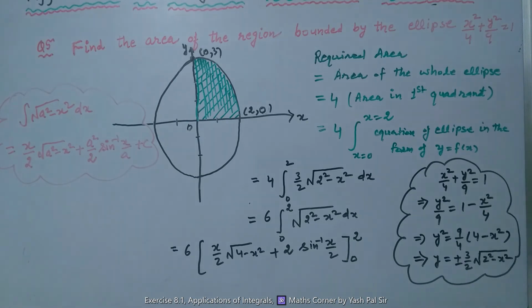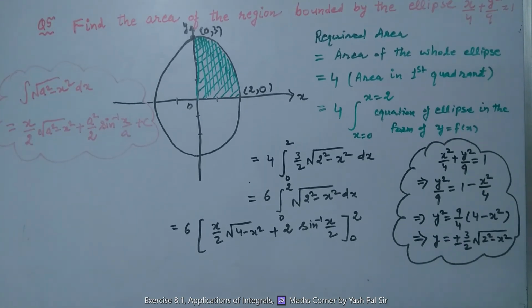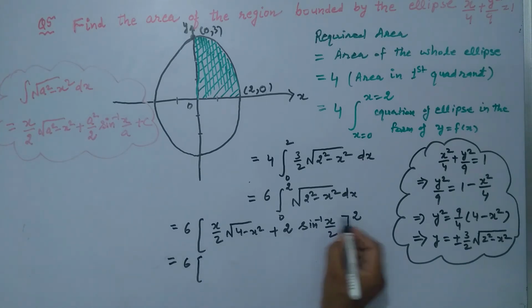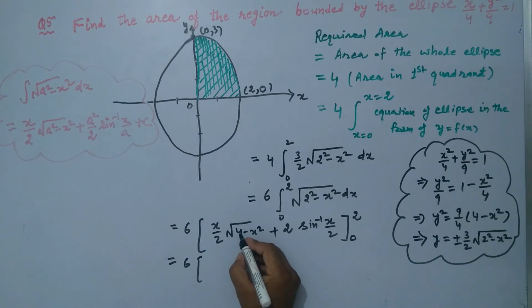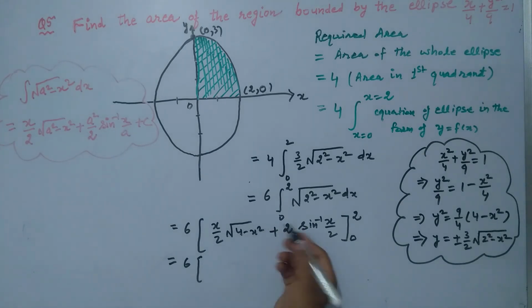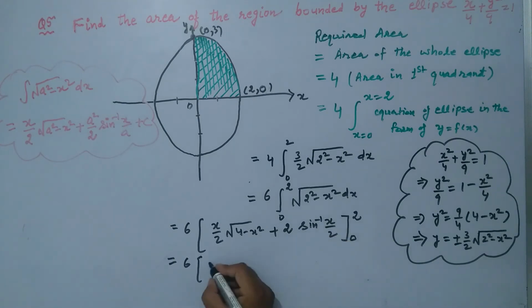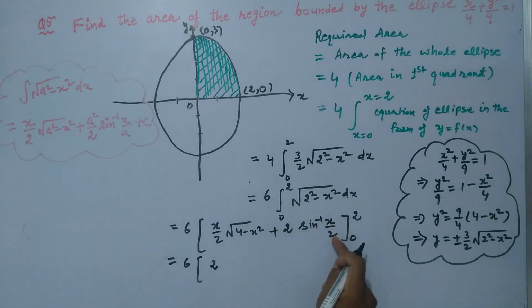Now first of all substituting the upper limit, this becomes 6 into, this will become 2 upon 2 is 1, 4 minus 2 square is 4, again 0, plus 2 into sine inverse 1.